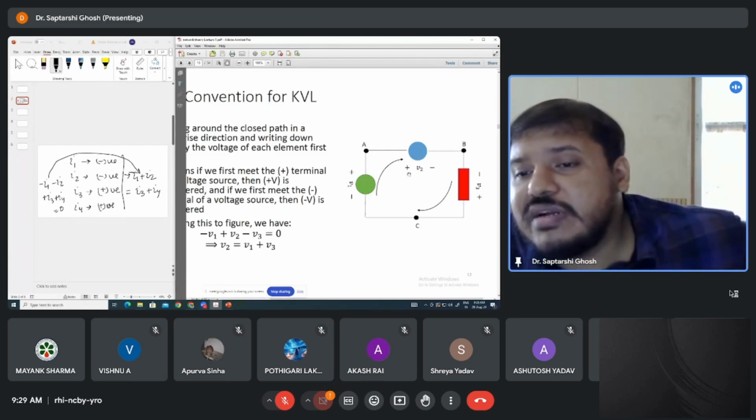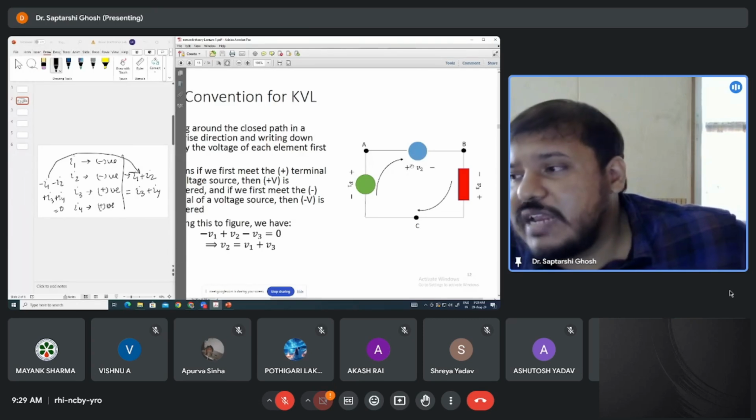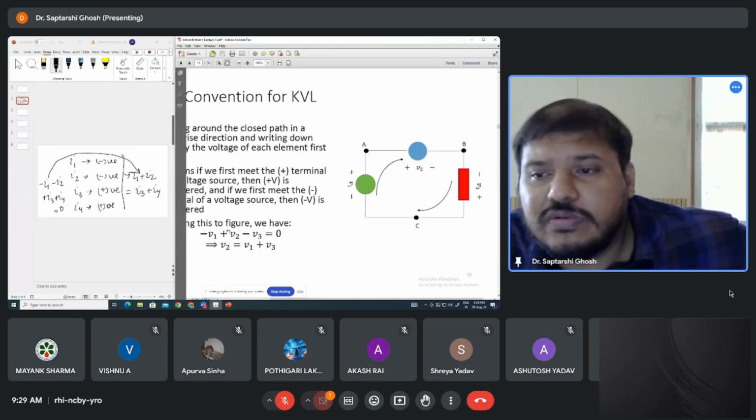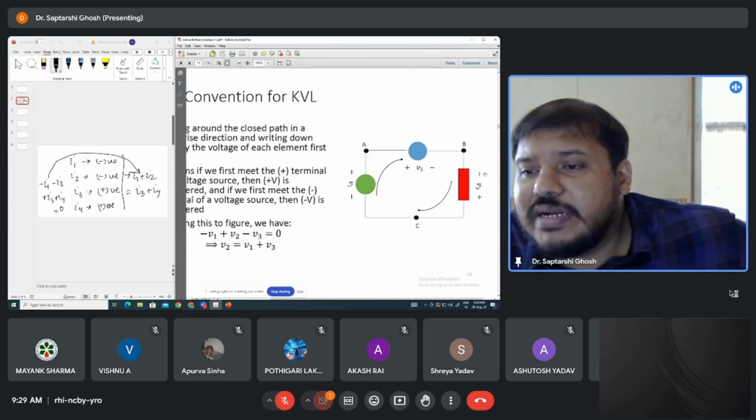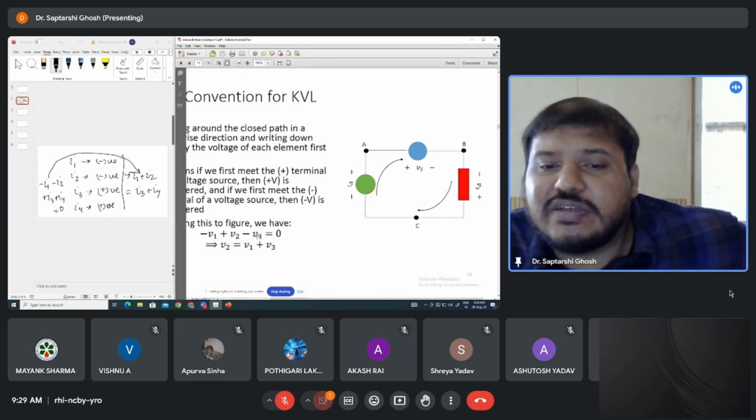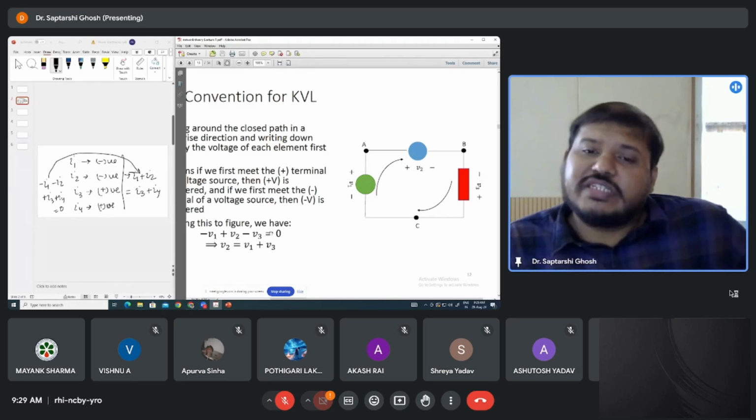Here you meet the positive sign first, so plus V2. In the red element, you encounter the negative sign first, so minus V3. The sum will be equal to 0.